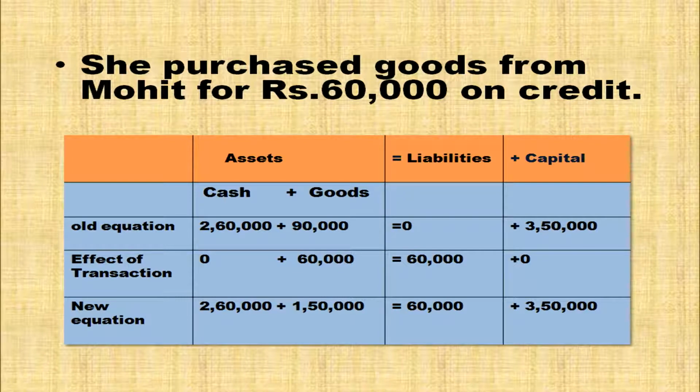Here also the accounting equation is satisfied. That is, cash balance of 2,60,000 plus goods 90,000 plus 60,000, that is 1,50,000. So, assets equal 4,10,000, and liabilities 60,000 plus capital 3,50,000. So, 4,10,000 on the asset side and 4,10,000 on the liability side.